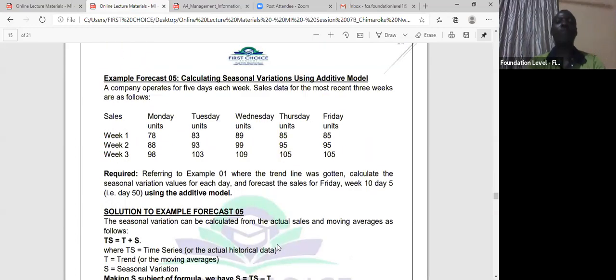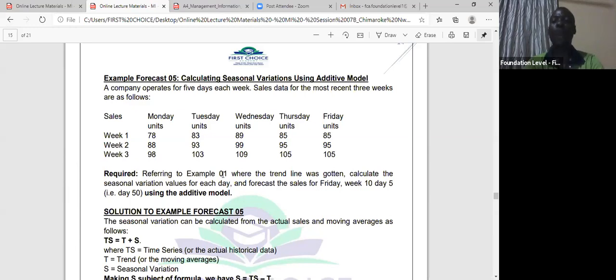Example 5, calculating seasonal variations using the additive model. If you recall, our example 5 is the same thing as example 1. It's the same example we are using. The only difference between these 2 questions is the required.